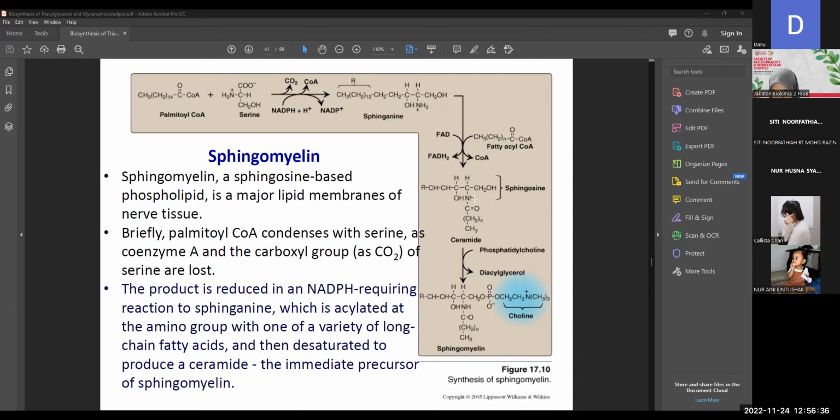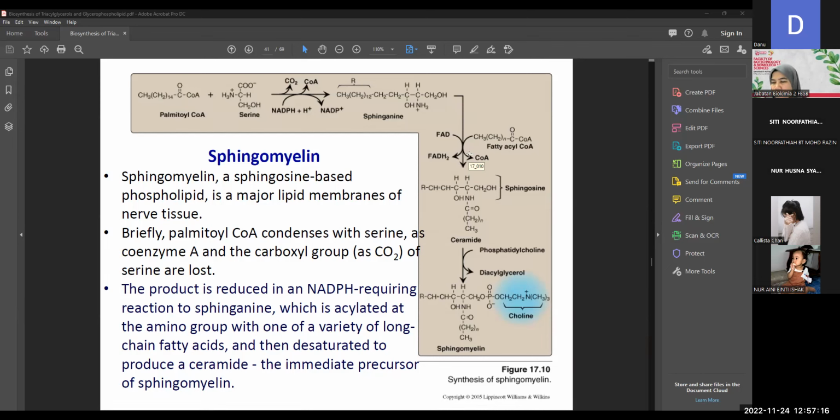From sphingenin, the first step involves the formation of dihydroceramide, the transfer of the acyl group, followed by a second step involving an FADH2 dependent reaction before it forms ceramide.